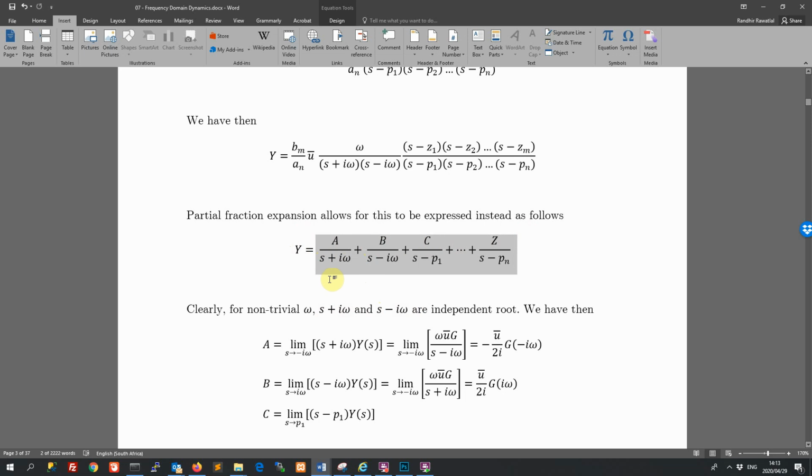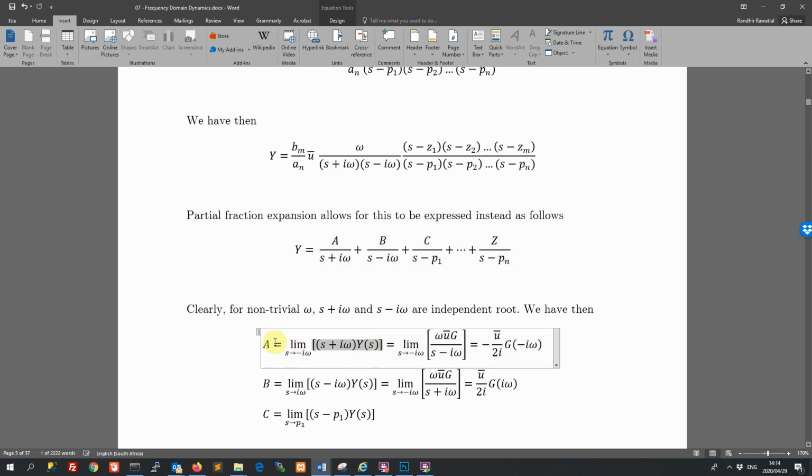And then if we choose s equals minus iω, so the limit of s going to minus iω, that's going to give us s plus iω times y of s. And in these other terms, we have s plus iω in each of these. So applying minus iω means that all those will zero out, leaving us with just a here. In other words, a equals y times (s plus iω), where the limit for s is going to minus iω. So it looks like that.